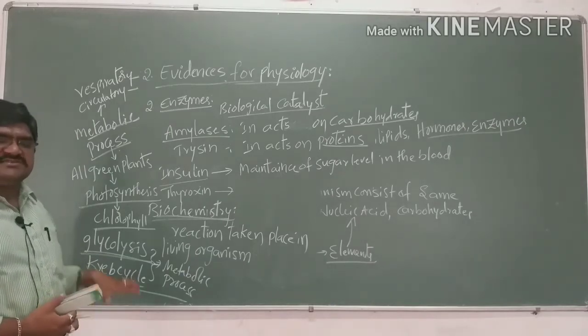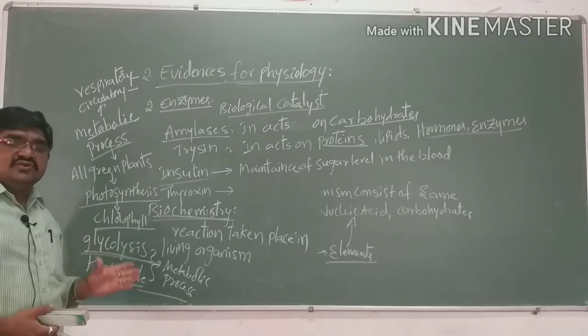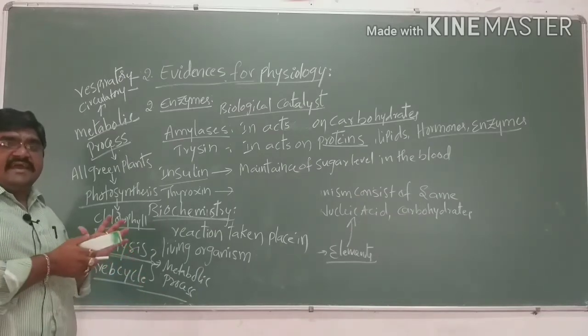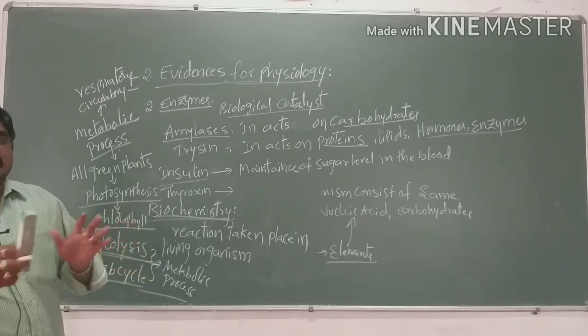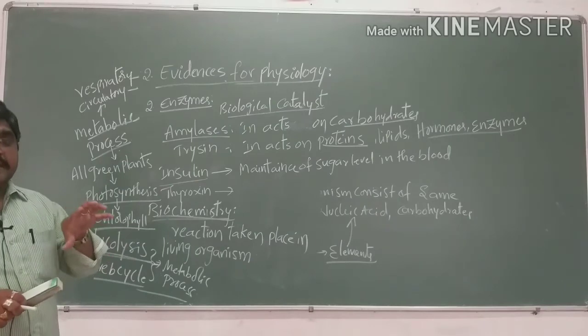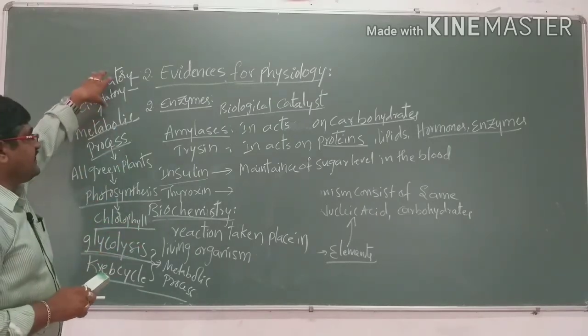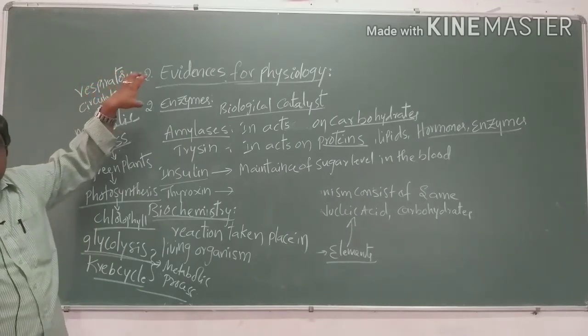This shows the ancestral characters. That means from ancient organisms to highly developed humans, the same type of metabolic processes take place. They do not differ from one organism to another organism.